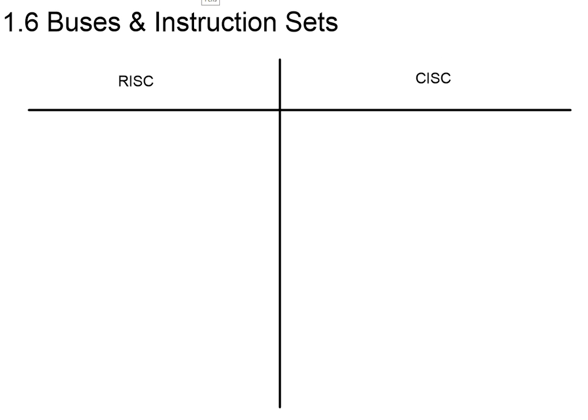So I'm just going to compare these 2 types. A RISC has fewer instructions, hashtag meaning number, that can be processed as part of the FDE cycle compared to CISC, which has more instructions.